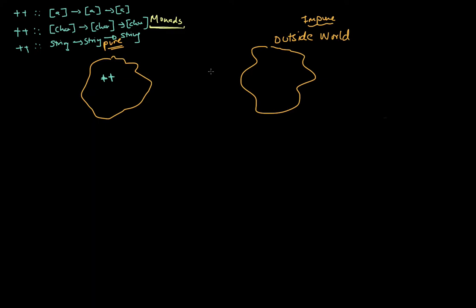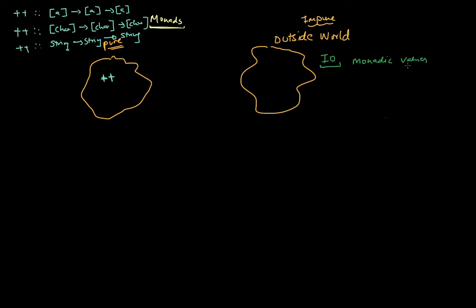But then the question is, the moment I'm going to get things from the outside world, if I ask the user to enter two strings, and I'll then perform a concatenation, the whole idea of asking a user is that I'm going to perform some IO. I have a side effect. There's going to be some input output happening at this point, where I'm dealing with impure values, or in other words, monadic values.